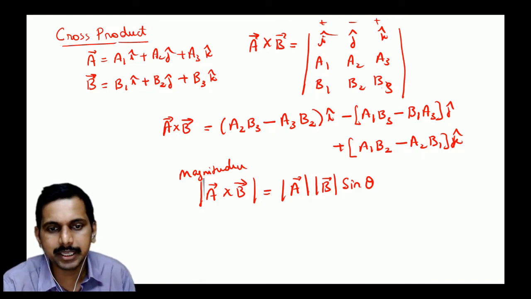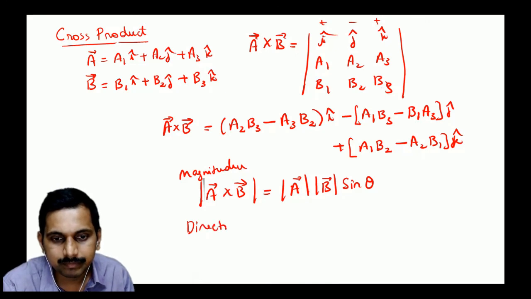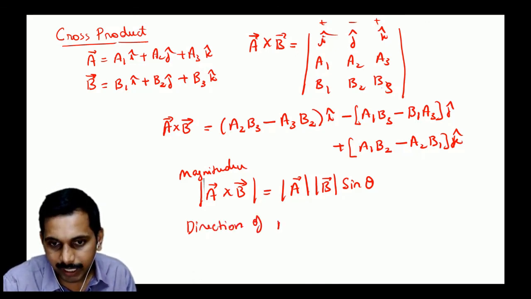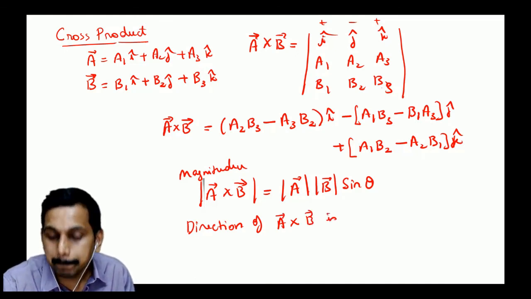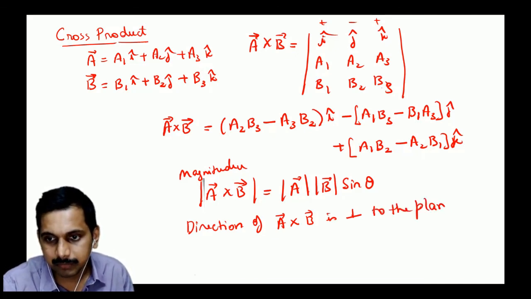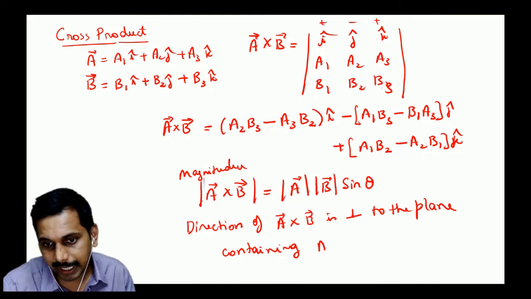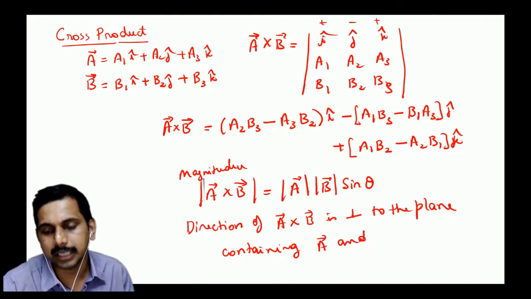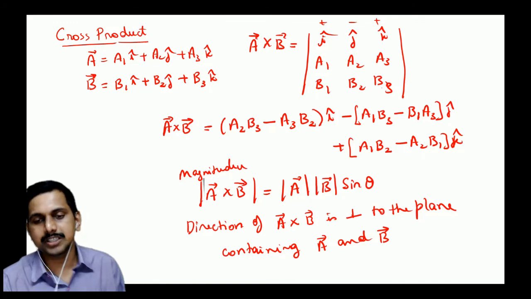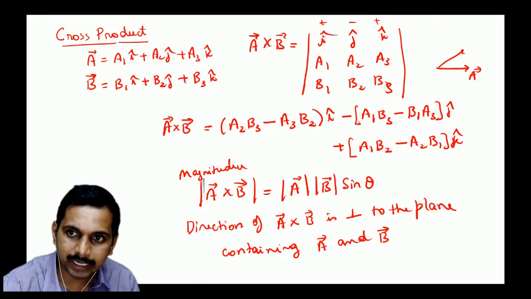Now tell me, can anybody tell me what is the direction of A cross B? The direction of A crossed with B is perpendicular to the plane containing A and B. If I have A vector here, then I have B vector here.